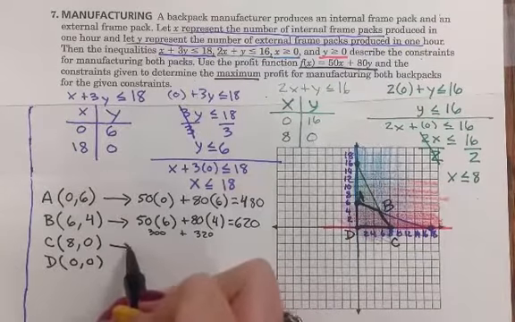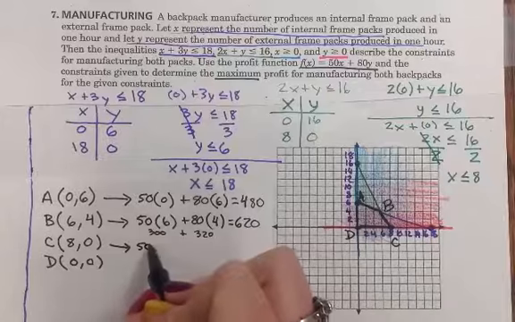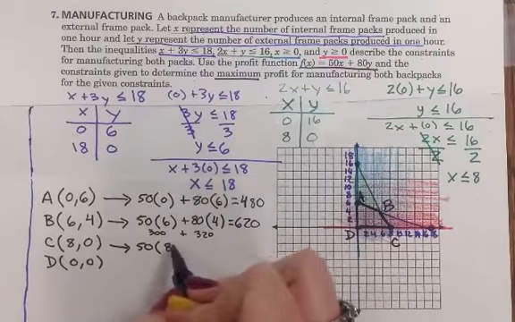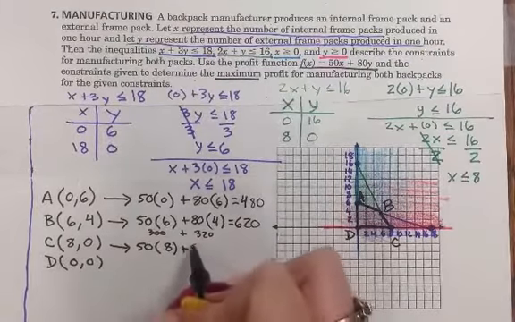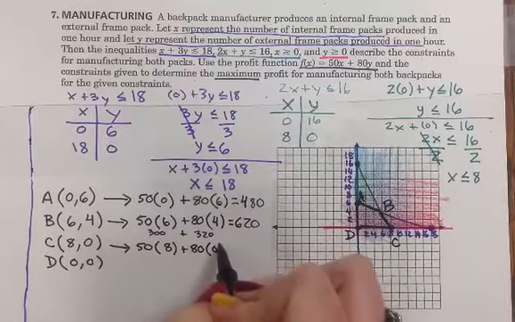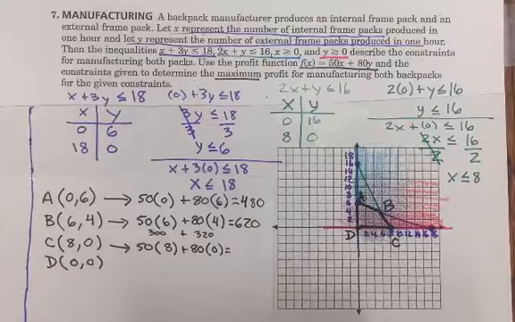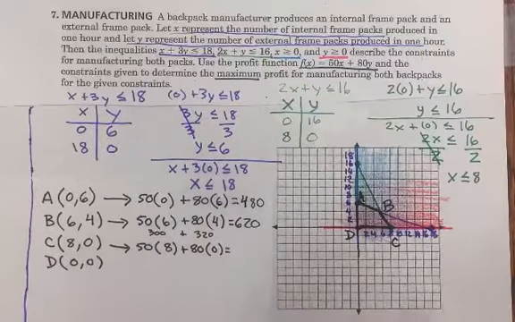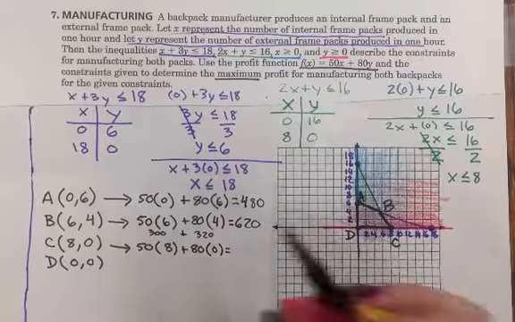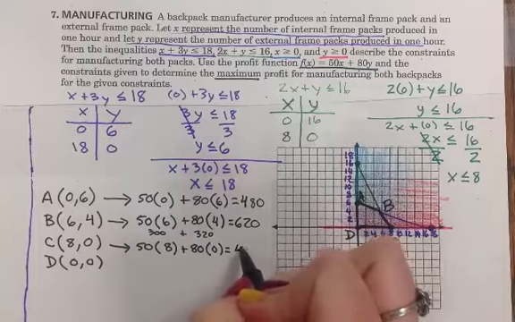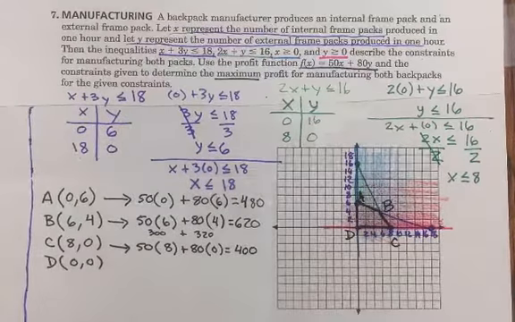What about point C? We're going to have 50 multiplied by our x value, which was 8, plus 80 multiplied by our y value, which is 0. So 50 multiplied by 8 gives us 400, but 80 times 0 is just 0. So all we have is 400.